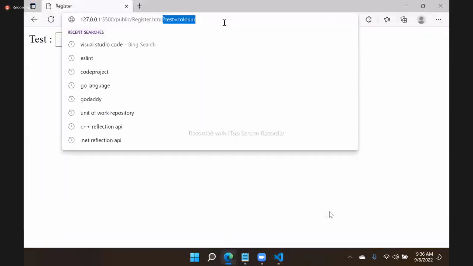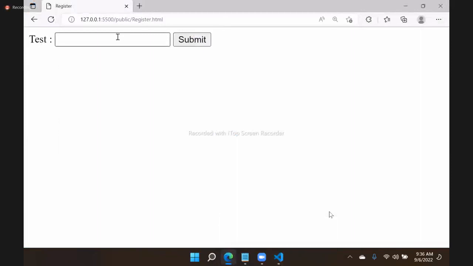Now I am testing here, suppose I say bat. Submit, it is submitted. I say rat, submit, it is submitted. Mat, it is submitted. 180, that is also submitted. Some $80, it is also submitted.